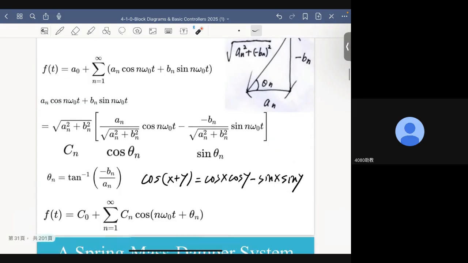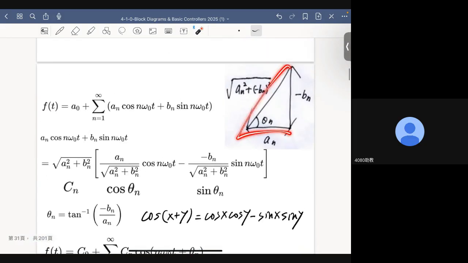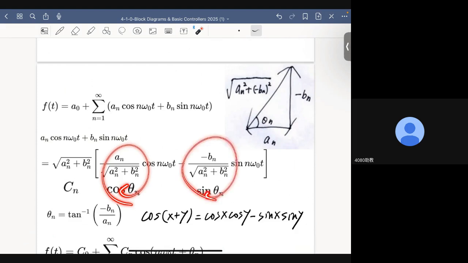Now, based on the information provided by this right triangle, I would divide everything by the square root of AN squared plus BN squared.